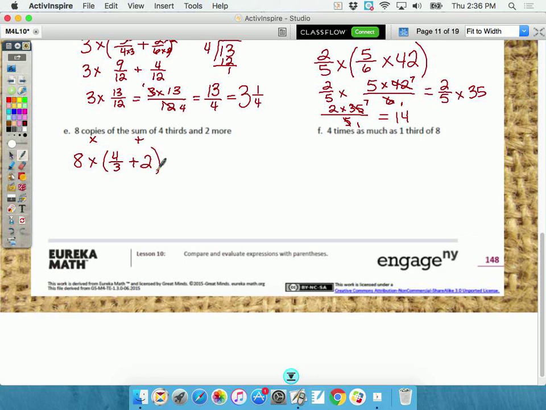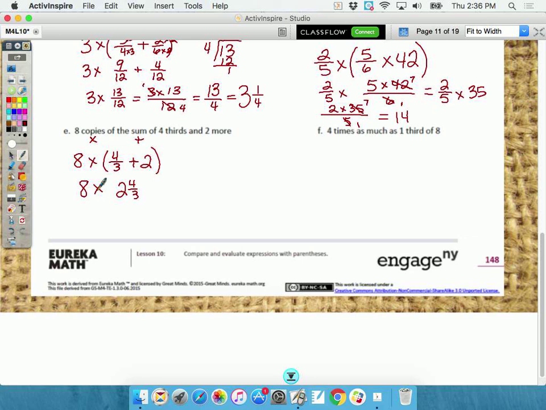Okay, now this is where I want you to stop for a minute. I am multiplying, and it's easier to multiply times an improper fraction than it is times a mixed number. So I can go ahead and add this together, and I get 2 and 4/3. But let's make it an improper fraction to make our lives easier.